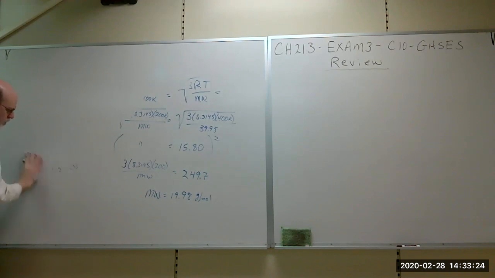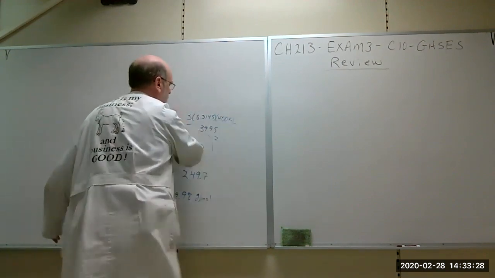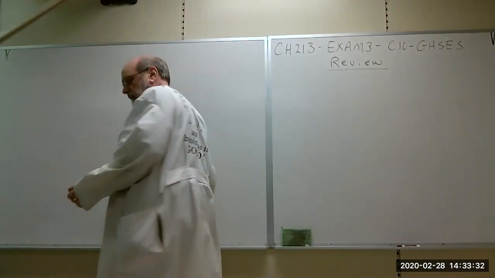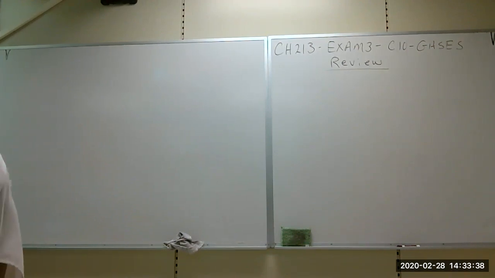So that was root mean square. Graham's law takes advantage of this relationship. And here's an example, 112 maybe. Which of the following would have the higher rate of diffusion?